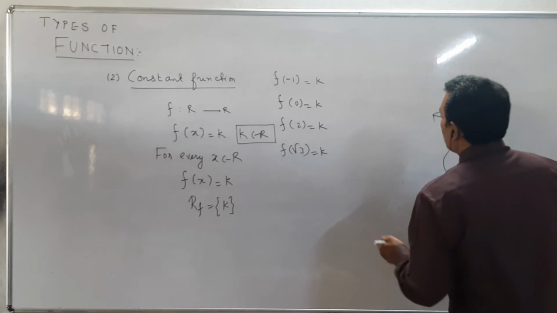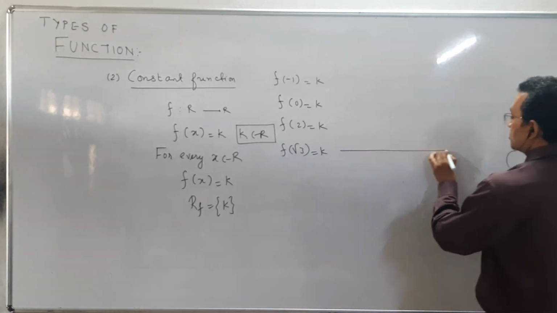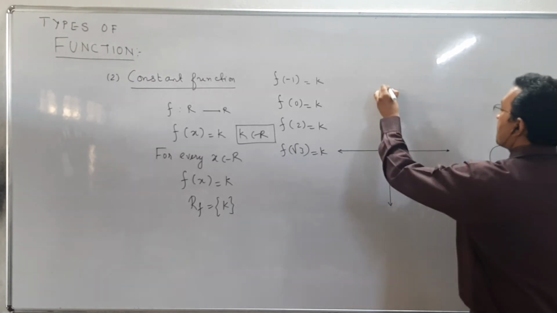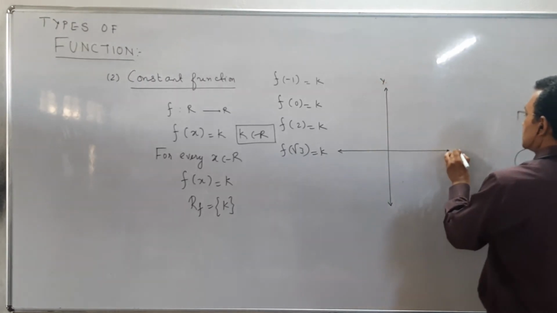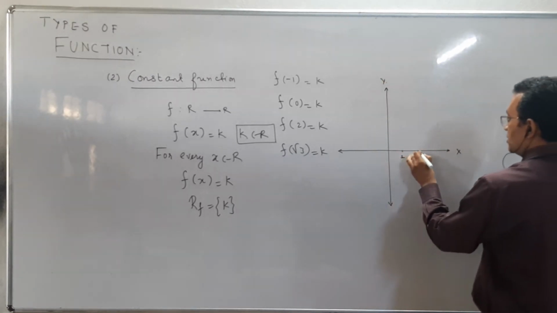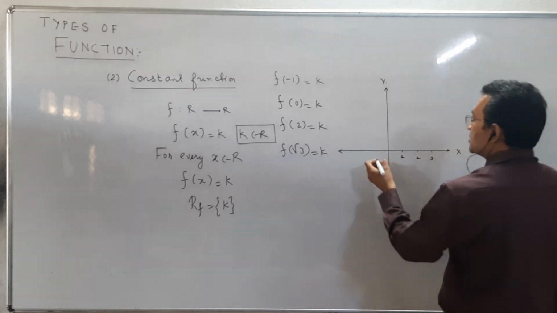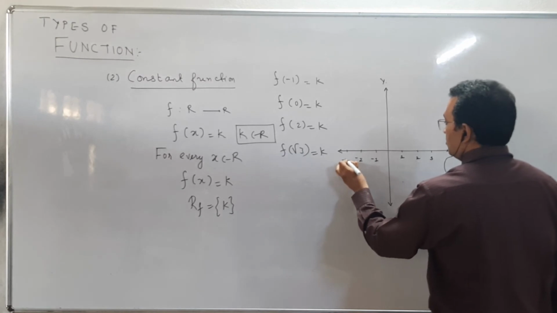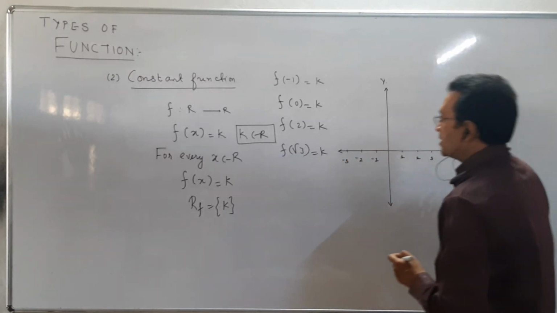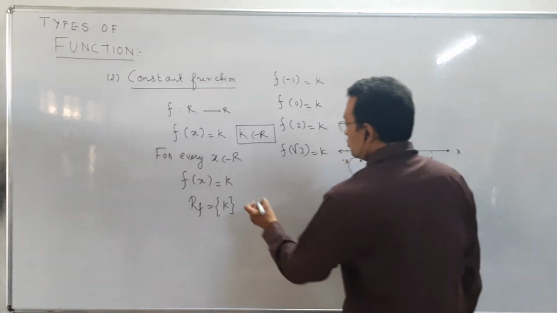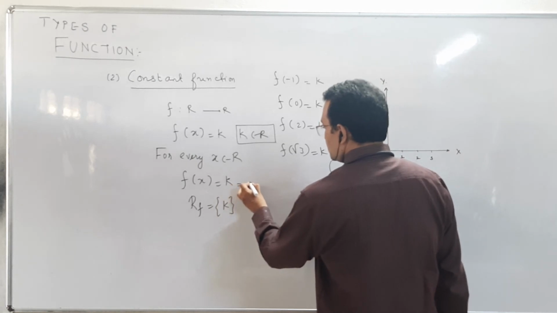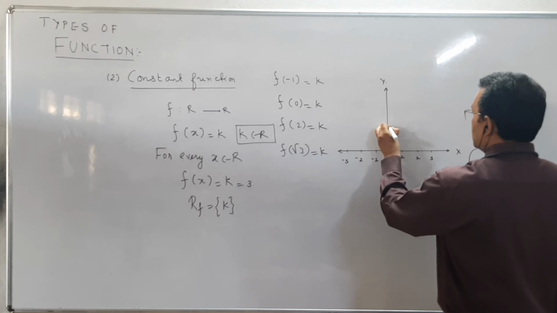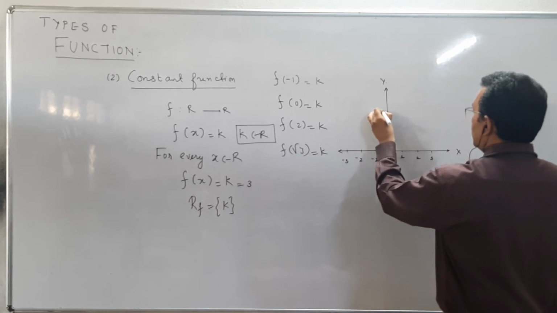So if I am going to plot the graph of this function, students check. Say this is y-axis, this is x-axis, this is 1, 2, 3, and this is -1, -2, -3. Suppose I take this functional rule as f of x is equal to 3.